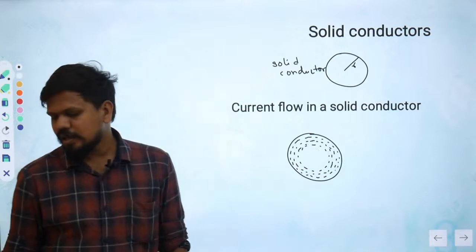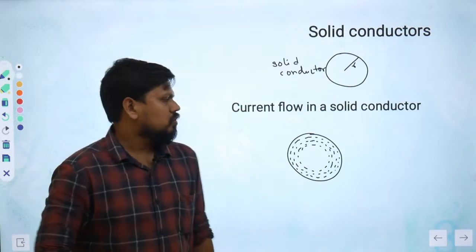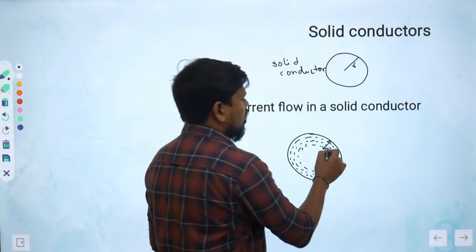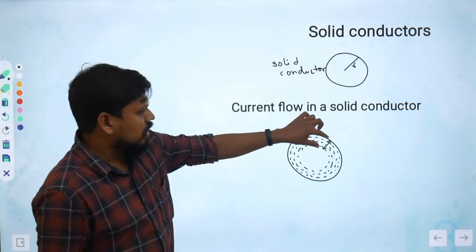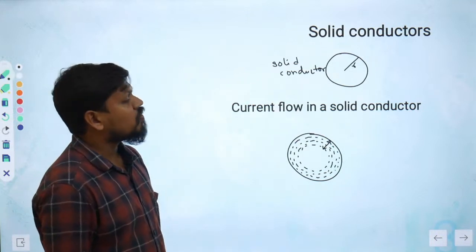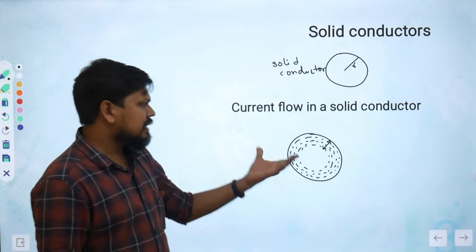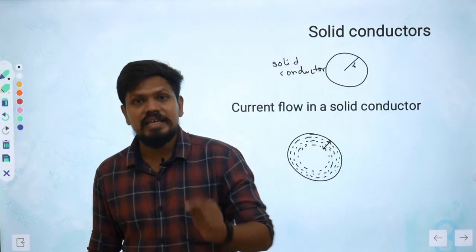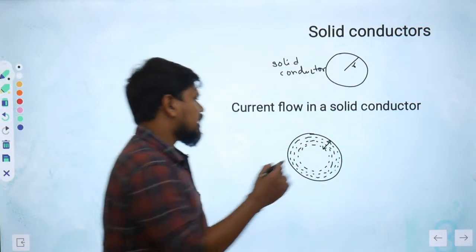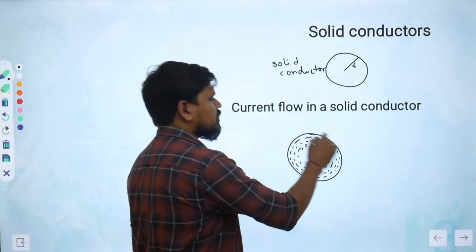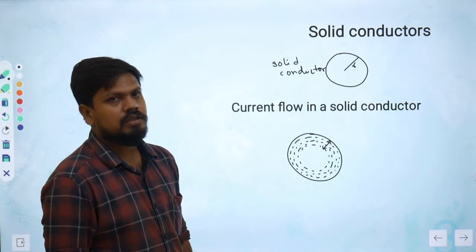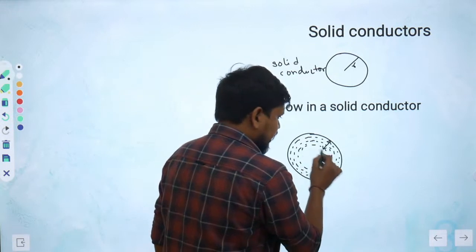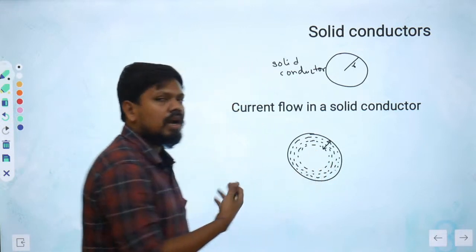So what is that effect called? That is nothing but the skin effect. This is the skin depth, how much depth we get the current flow. It is the tendency of AC current to flow near the surface of the conductor; inside there will not be any current flow, because the inner resistance will not allow any current.